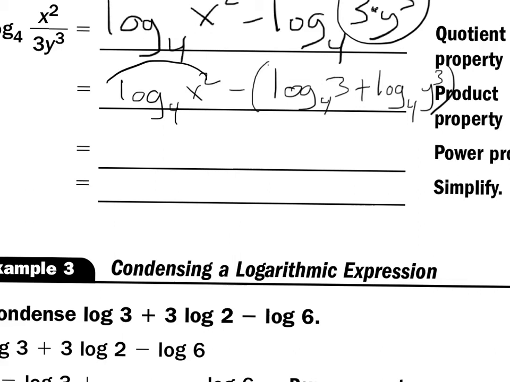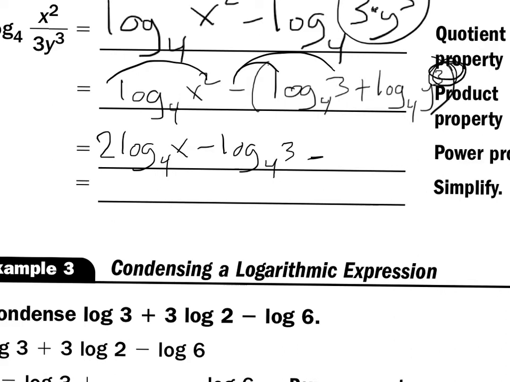So if I do that, I'm going to have 2 log base 4 of x minus, if I distribute the negative, minus log base 4 of 3. And if I distribute the negative here, I'm going to have minus. Now notice over here there was an exponent of 3. I can bring the 3 down in front. So it's going to be minus 3 log base 4 of y.